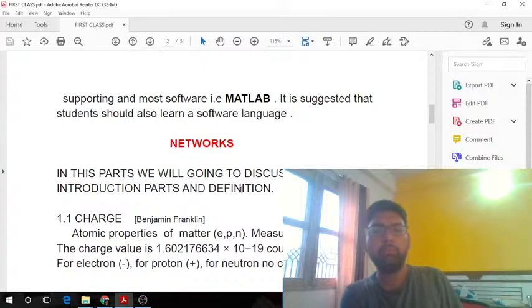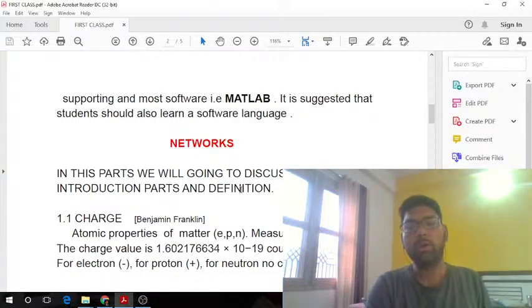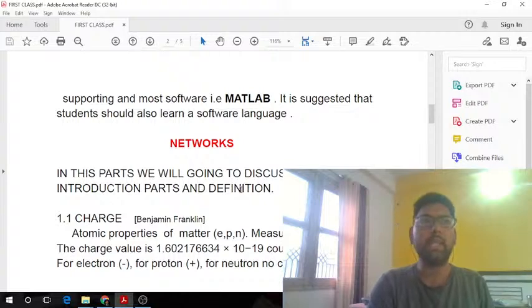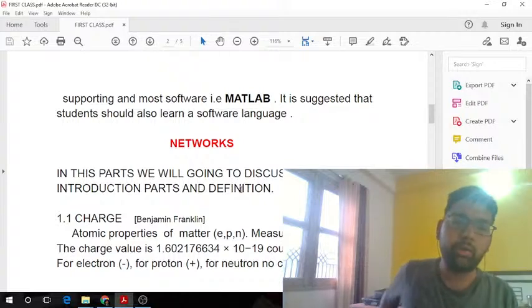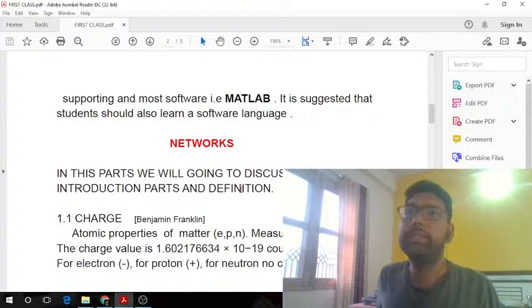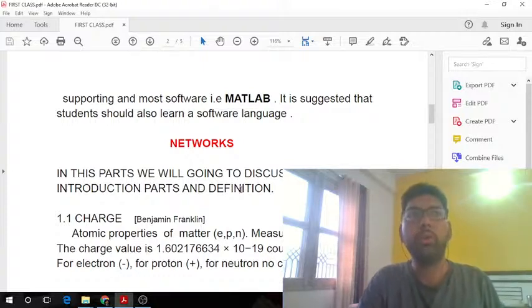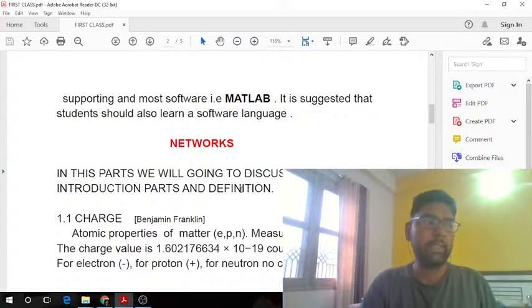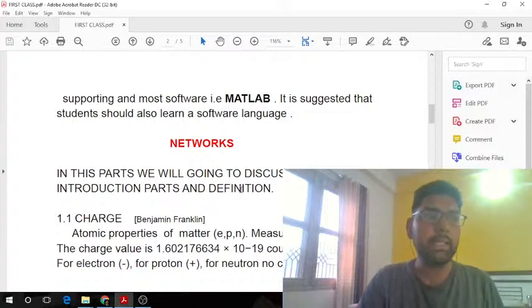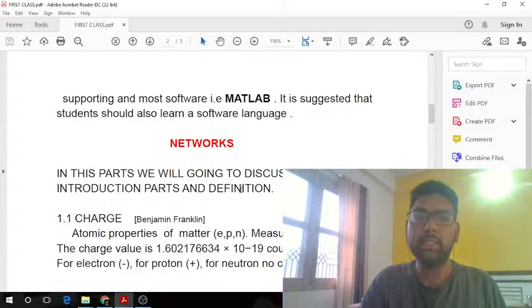In this part, we will discuss the introduction part of the networks, elements, closed loops, open loops, sources, loads, various electrical elements, measuring instruments. All these things are studied in this.